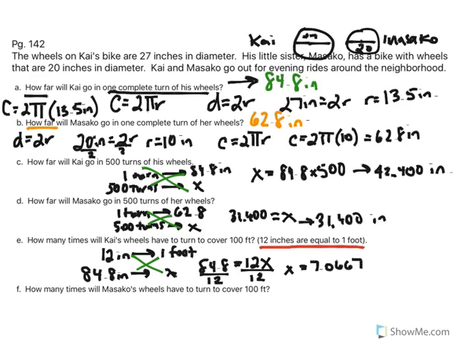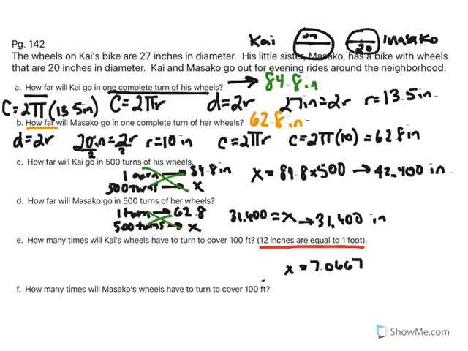Okay, so I made a bit of a mistake in this one. Let's just reset up the ratio. So we know that there are 12 inches in a foot. I skipped a step before.